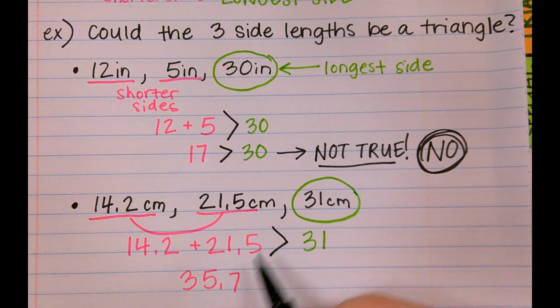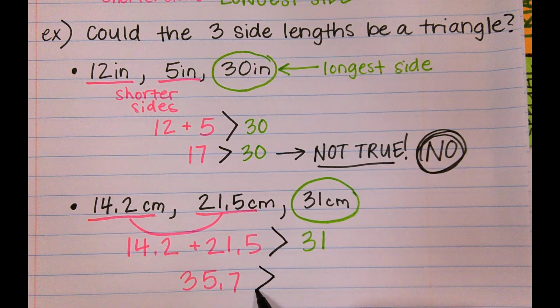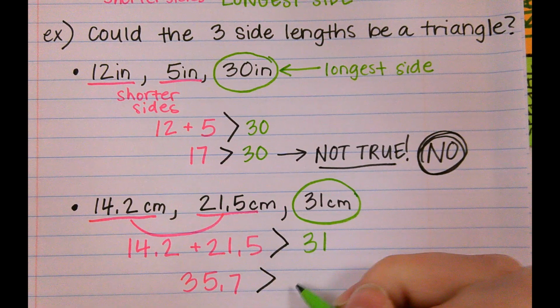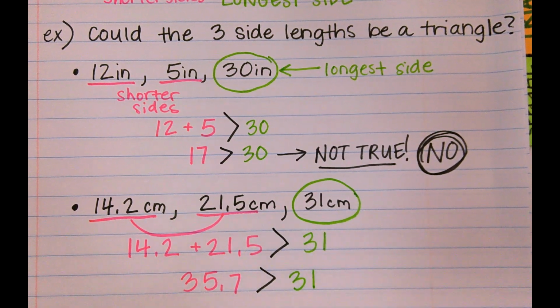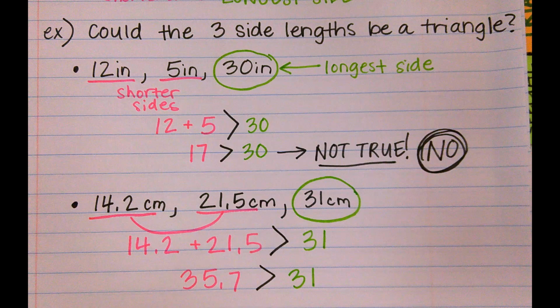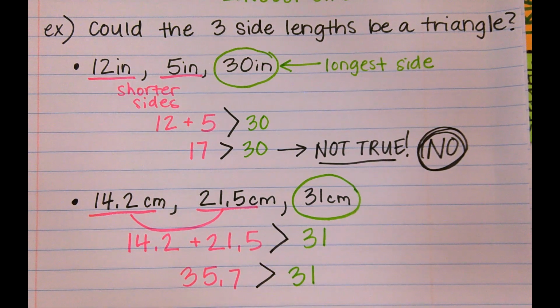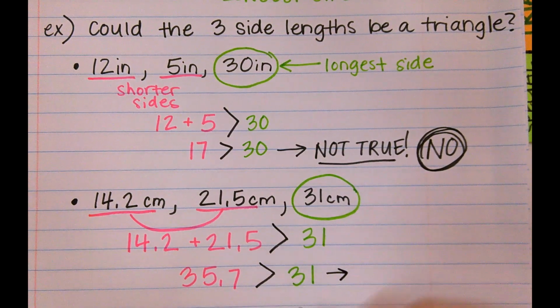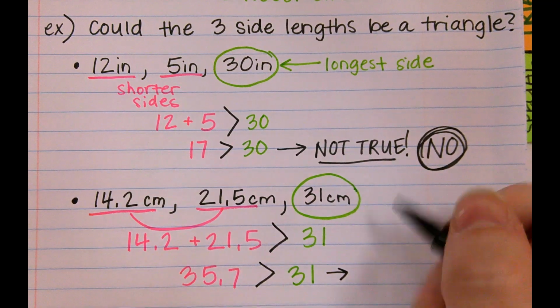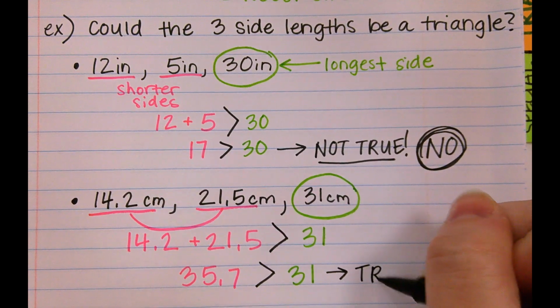So I'll bring everything down. 35.7 is greater than 31. Is this true? Yes, this is true. So, could this be a triangle? Yes, it could be.